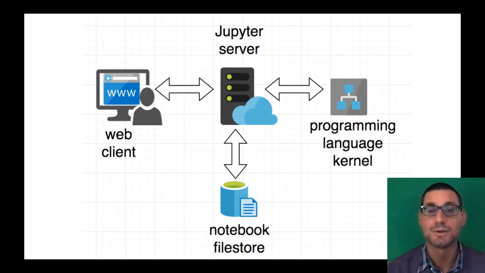There are two other components to the back end. One is the programming language kernel, which is the interactive interpreter that's responsible for executing the fragments of code contained in the notebook as invoked by the user. And the other part is the notebook file store, which persists notebook data in this JSON format, IPYNB.